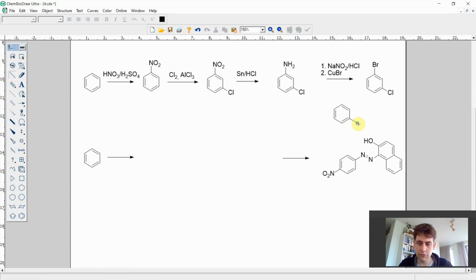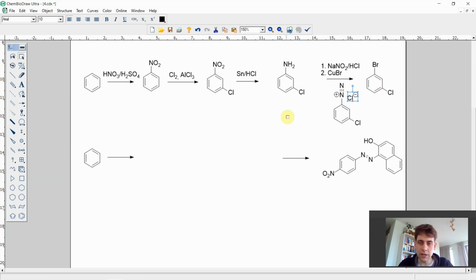That would look something like, of course, the chloro substituent, and the other substituent would look something like this here, where we have a triple bond between these nitrogens and a positive charge. So this is the diazonium salt, and for charge neutrality reasons we also need to add a chloride anion next to it to neutralize the charge. So this would be the intermediary stage that's formed after the first reaction step, and from there we can then transform it with copper bromide in the Sandmeyer reaction.